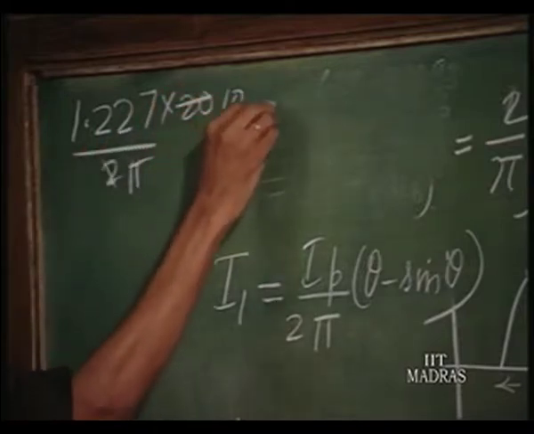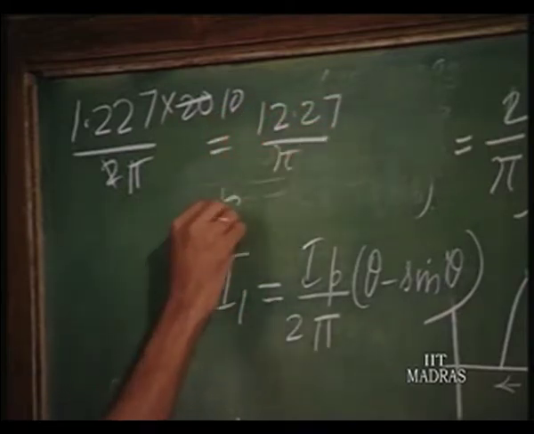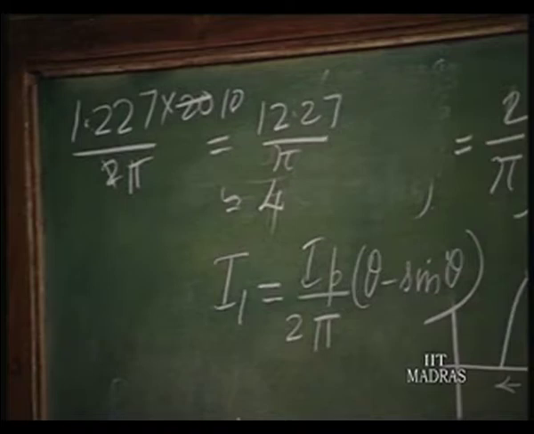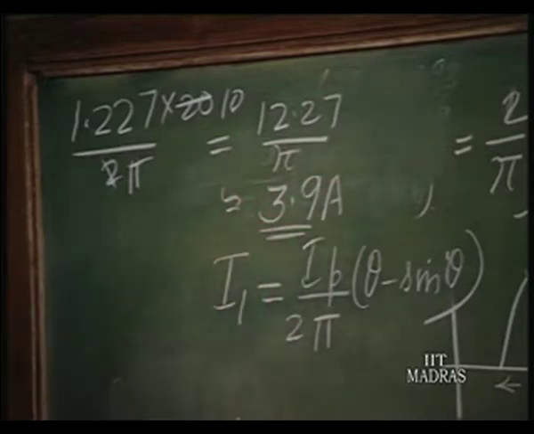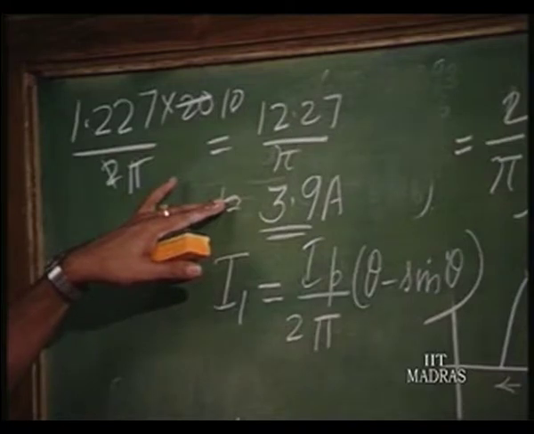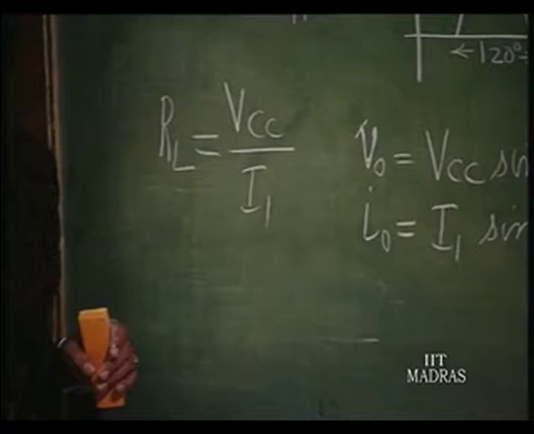So, this is about 12.27 divided by pi, which is roughly about 4 amperes, 3.9. So, this is 3.9 amperes.